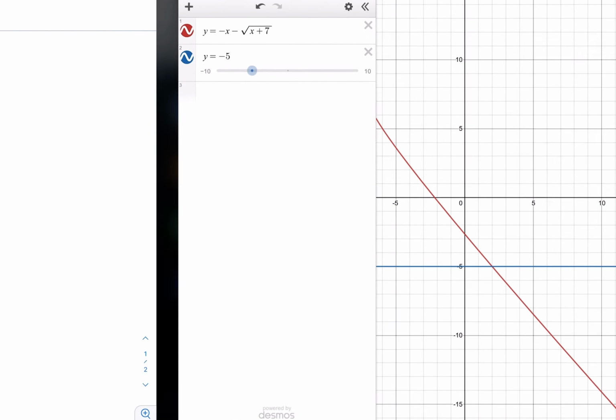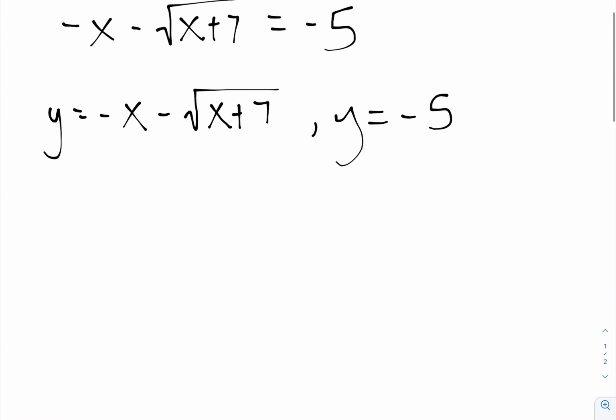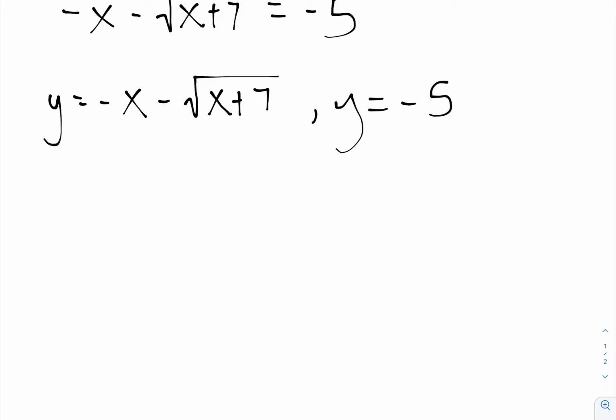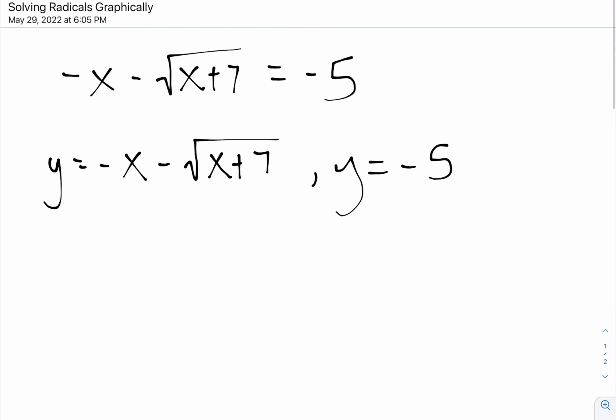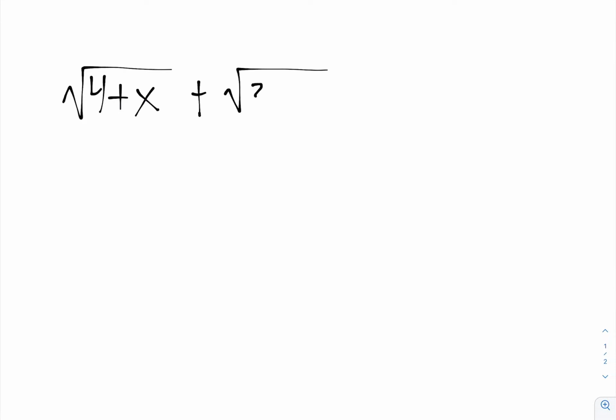Now, let's go back to the other equation we did. The first one we solved algebraically and found one solution was extraneous. We didn't necessarily need to graph that because we could solve it algebraically, but that's how you would graph it. The second one we did was this really hard one: the square root of 4 plus x plus the square root of 3x minus 2, equal to a constant 2.